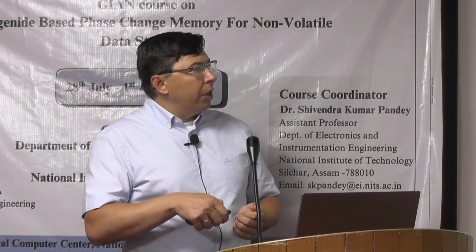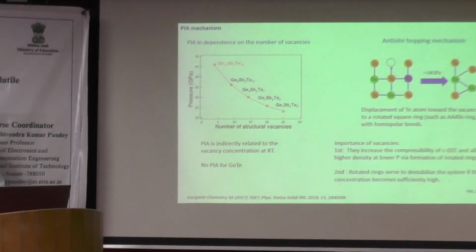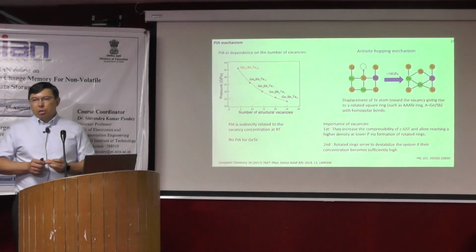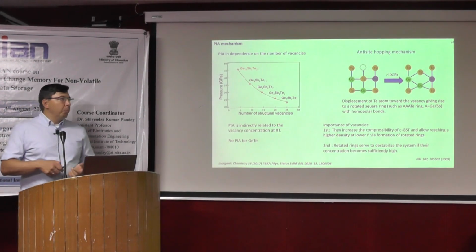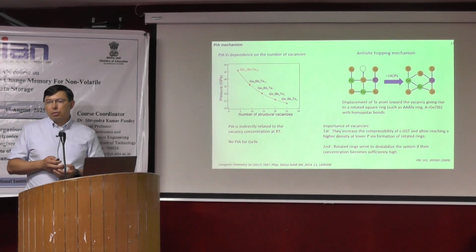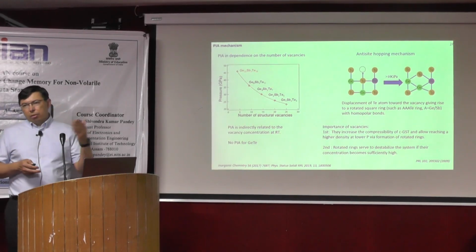If you have a high enough amount of such units, then the system just transforms to the amorphous state. So it's based on atomic movement. But this is one idea of how it can happen.